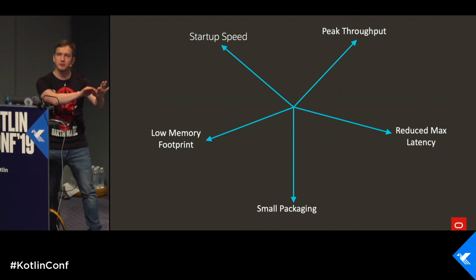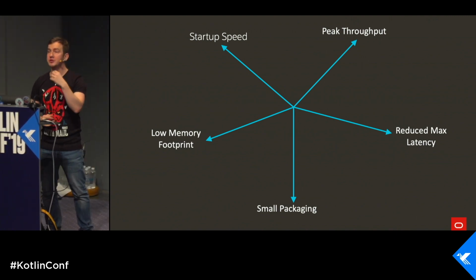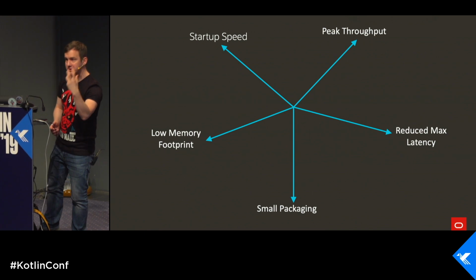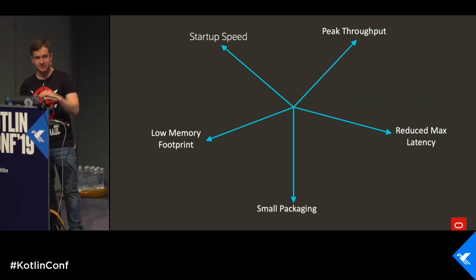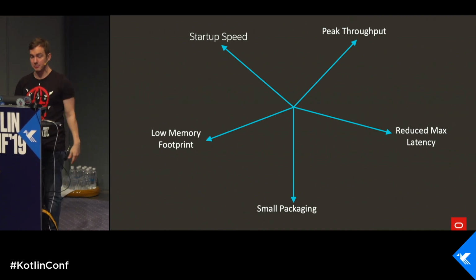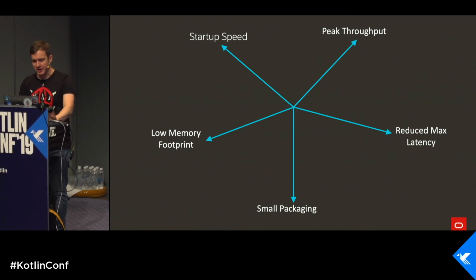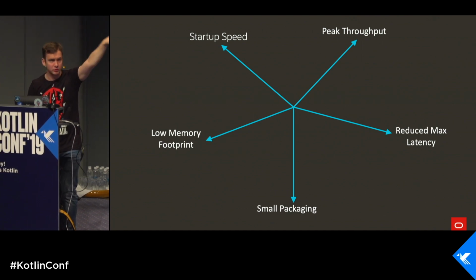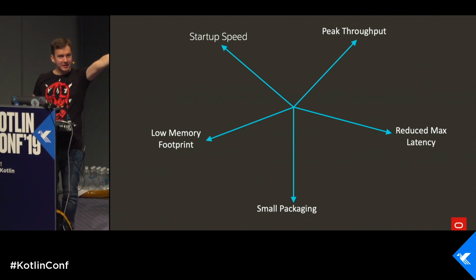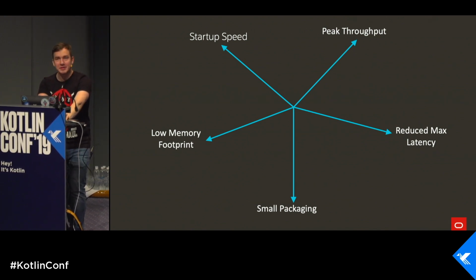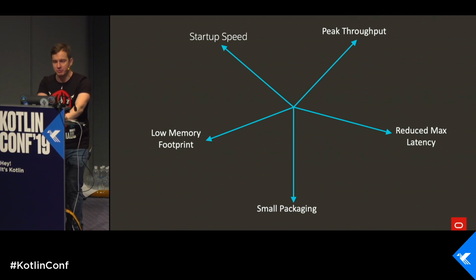The low memory footprint is an aspect of performance, which is the most relevant in the cloud, because there you actually pay mostly for the memory, and everything else comes from the memory. Latency, some people care about packaging a lot, especially on the front end, right? When you don't want to ship the whole JVM to your browser. But on the server side, that could be a little bit less exciting performance benefit.